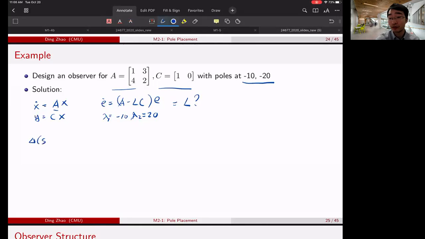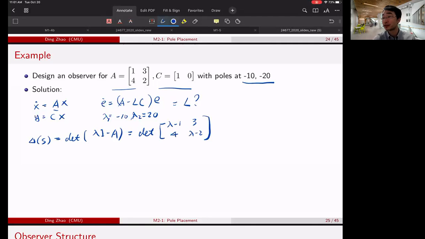Our current polynomial will be the determinant of lambda I minus A, which is the determinant of lambda minus 1, 3, 4, lambda minus 4. So that will be lambda minus 1 times lambda minus 4, minus 12. This gives lambda squared minus 3 lambda minus 10. That's our current eigenvalue polynomial.